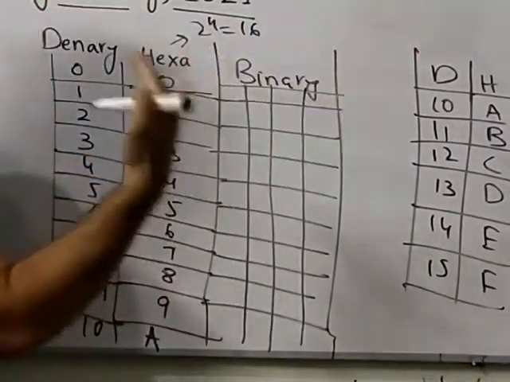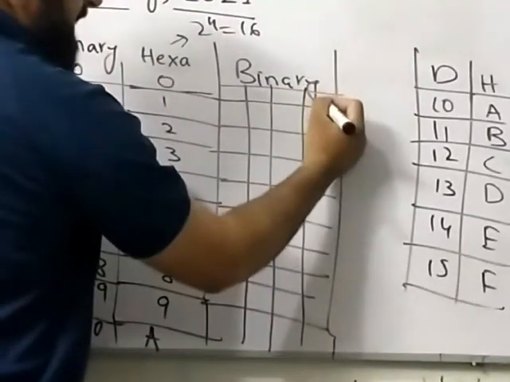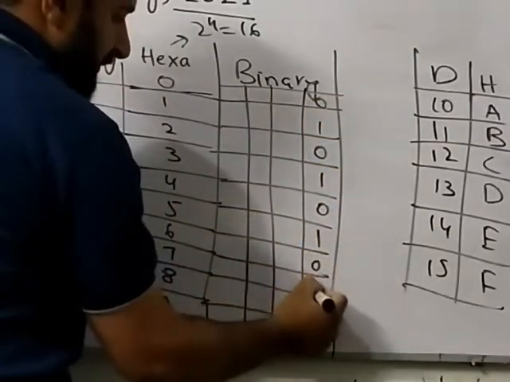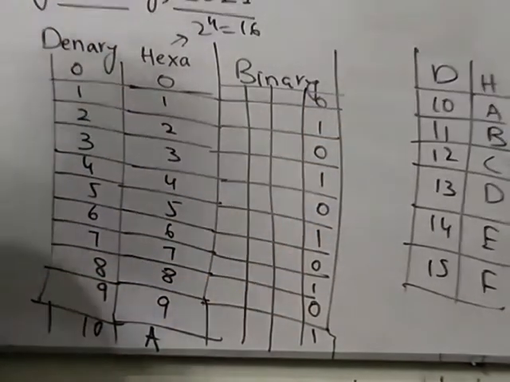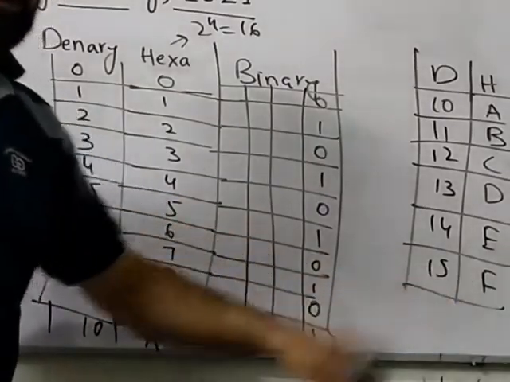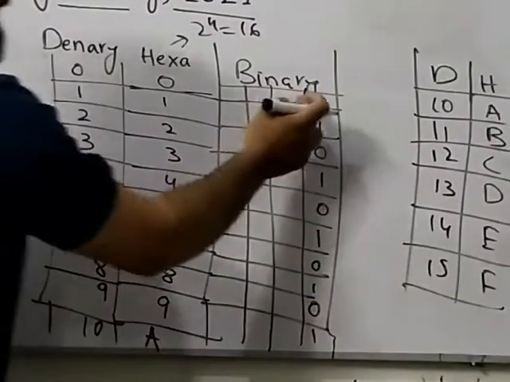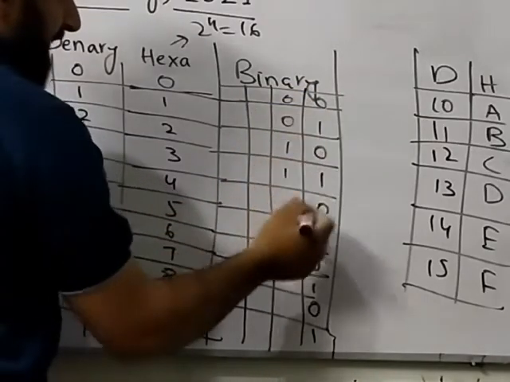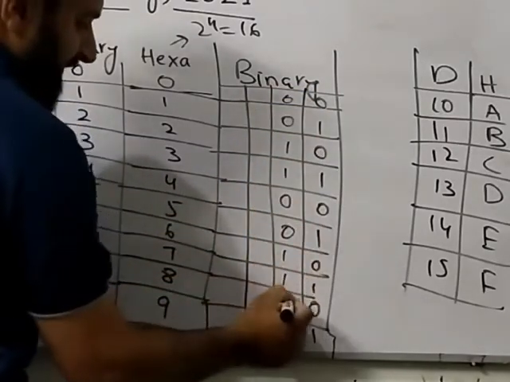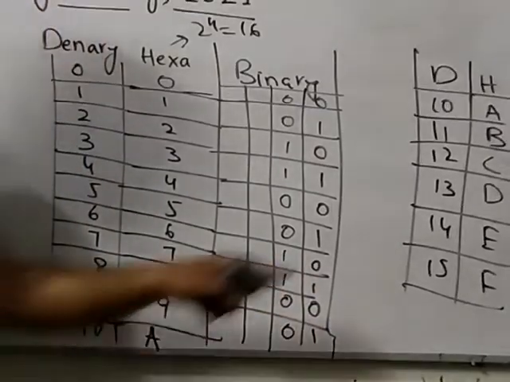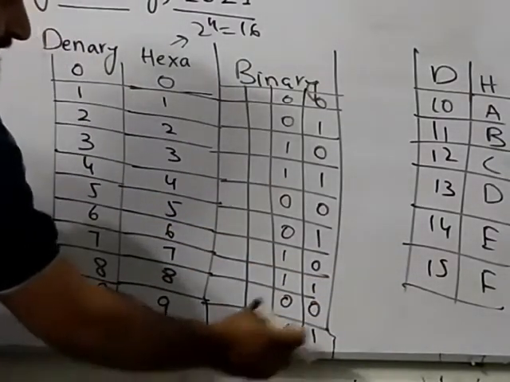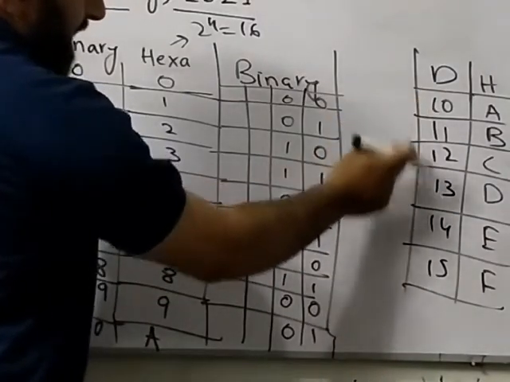Now I am going to write the values. Starting from the right side, 0, 1, 0, 1, 0, 1, and so on till here. Then increase: double 0, double 1, double 0, double 1, and so on.